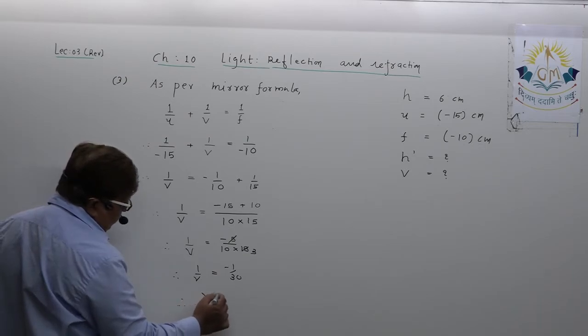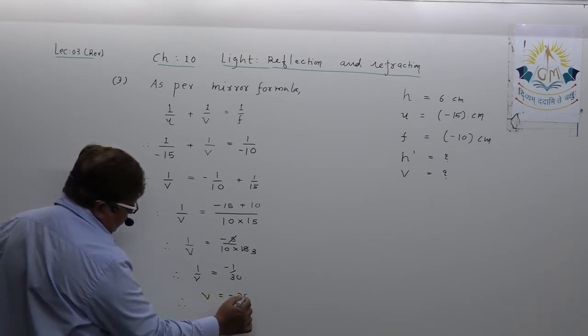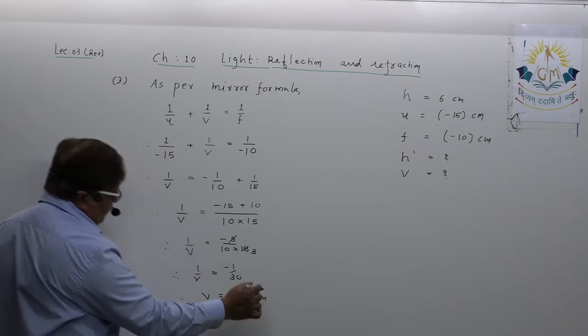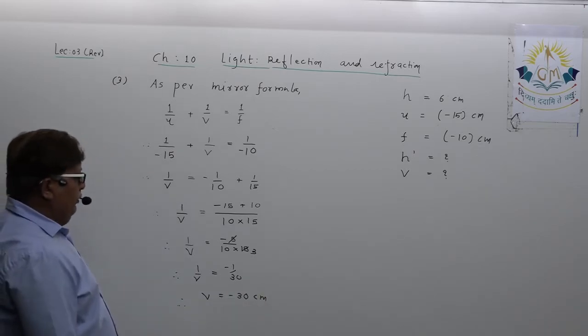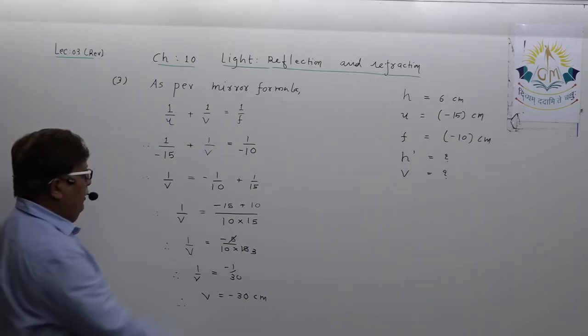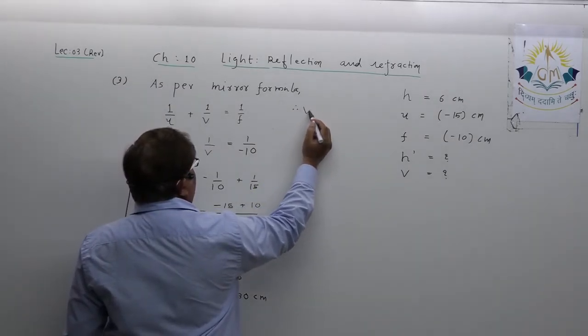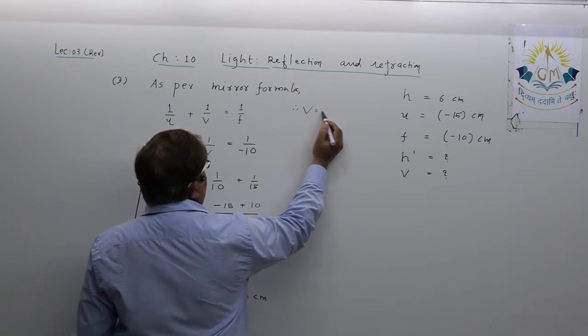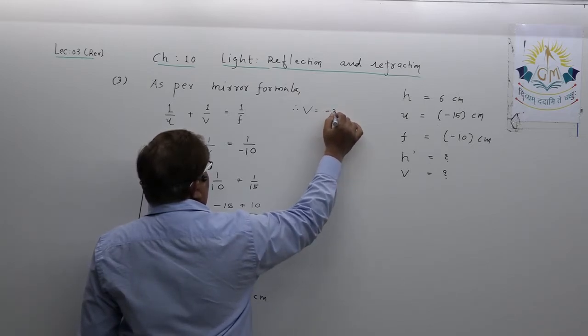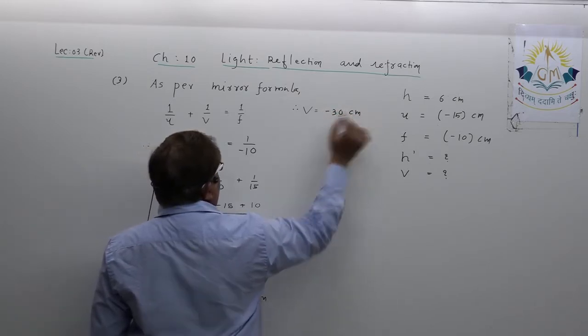Just reciprocalize it. You got V as minus 30 centimeter. You would like to write it this way: V equals minus 30 centimeter.